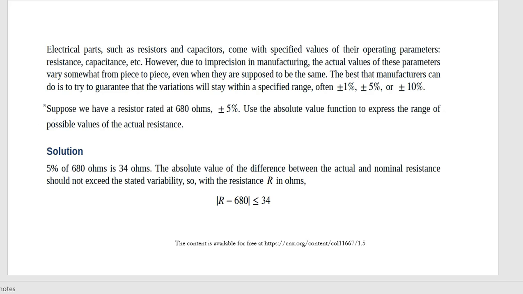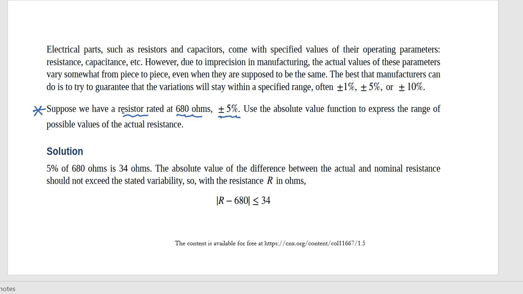Here we have an example. Suppose we have a resistor rated 680 ohm plus minus 5%. So this is variation. Companies that design resistors cannot be very exact, so they give variation.